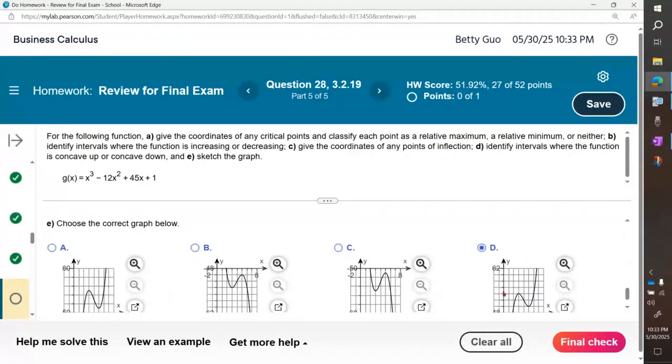This one, 1, 2, 3, 4, also 5. So we need to look at A and D. And what's the difference between the two functions? The inflection point is 4.